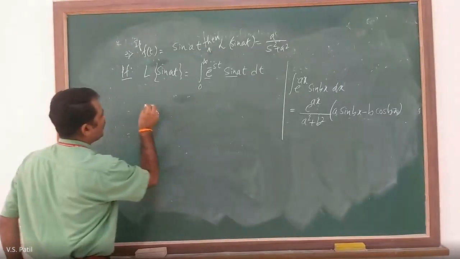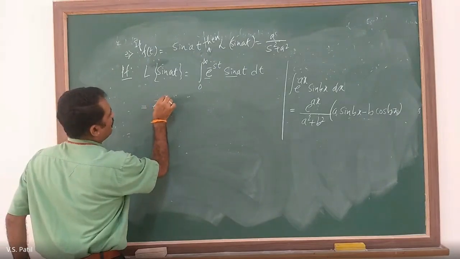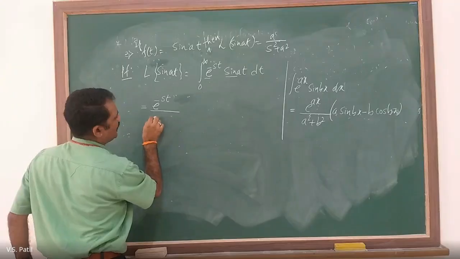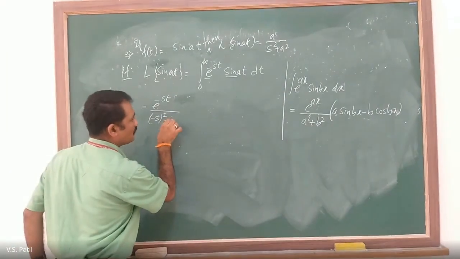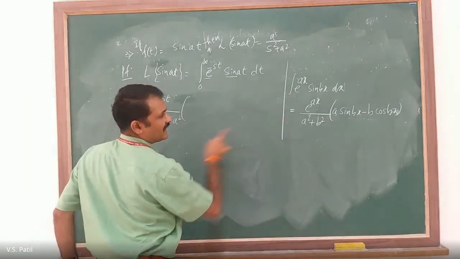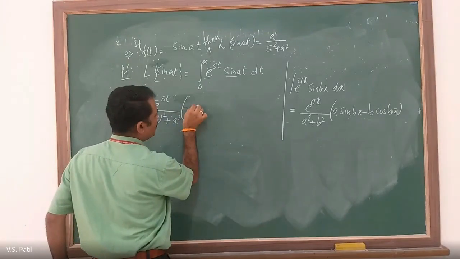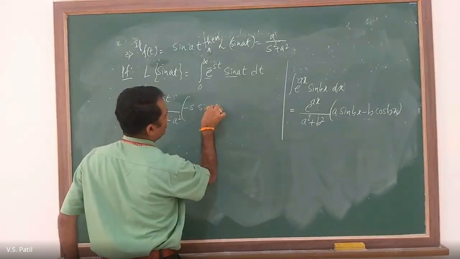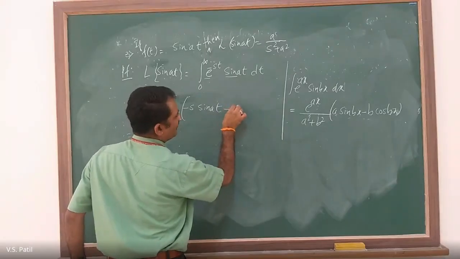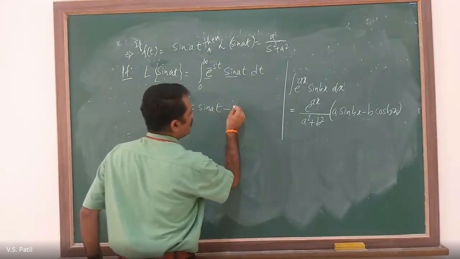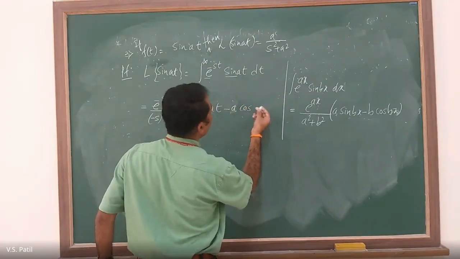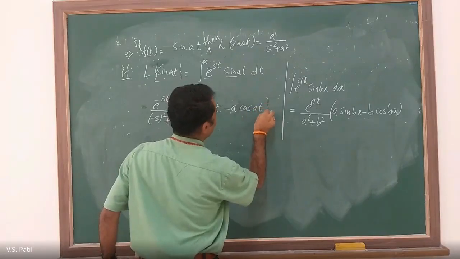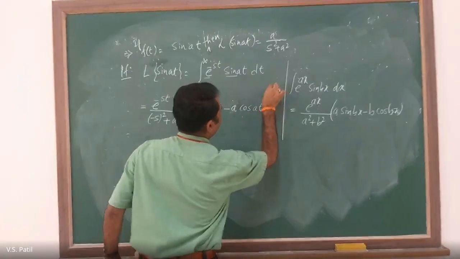So that becomes e to the power minus s t divided by s square plus a square, into bracket minus s sin a t minus a cos a t, from 0 to infinity. All of you agree?